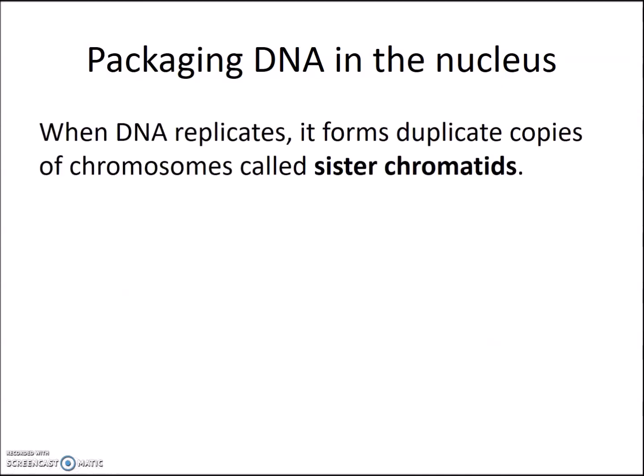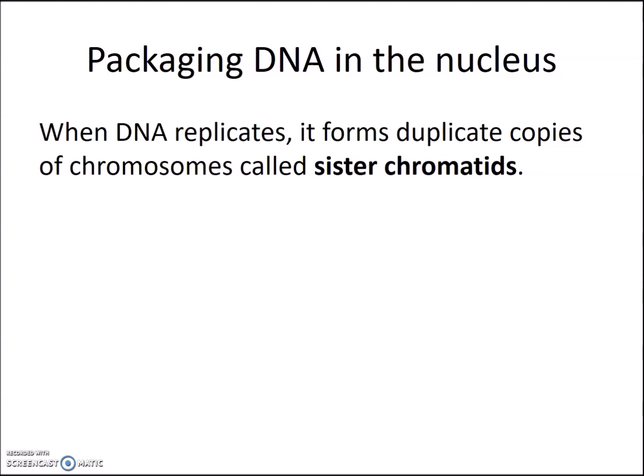Okay, just a little bit that will help us have some terminology for when we study replication. When DNA replicates, that is, makes a copy, it forms a duplicate copy of every chromosome. Those duplicate copies are called sister chromatids. So take DNA type 5. It's one of your chromosomes.